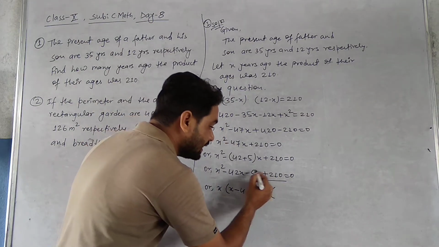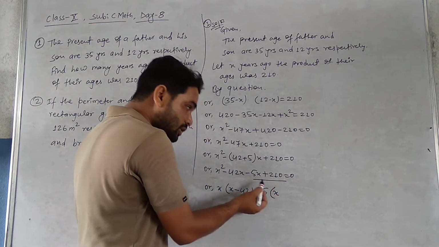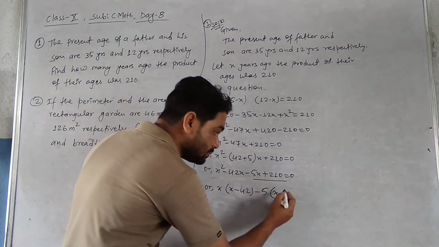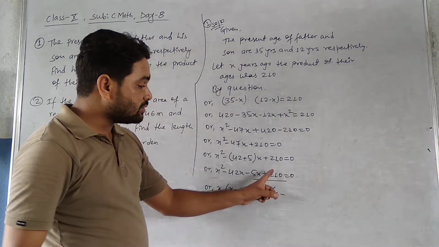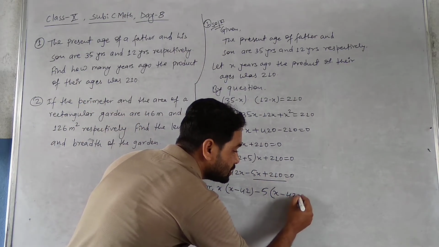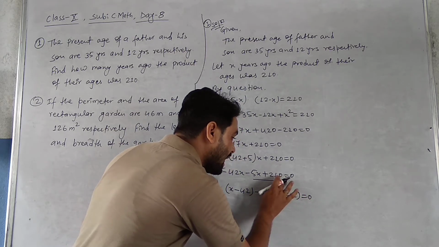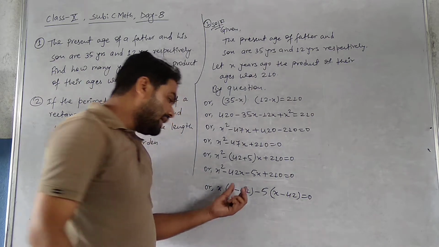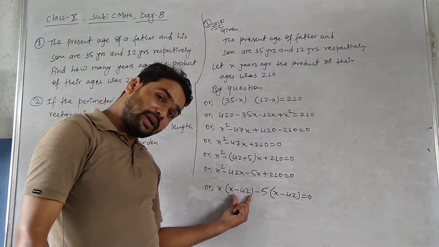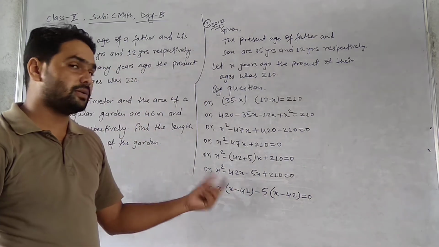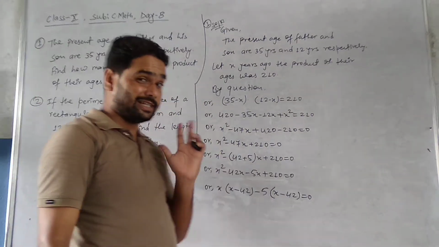Here remaining x, and we take out minus sign common, then minus 5 into x minus 42, when we divide 210 with 5 we get 42 equals to 0. And we have to think all the time that what is in the first bracket must be in the second, otherwise there might be something wrong.